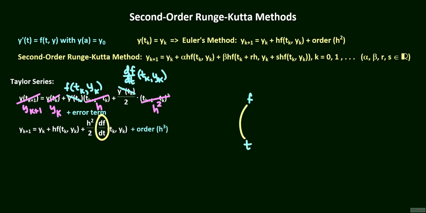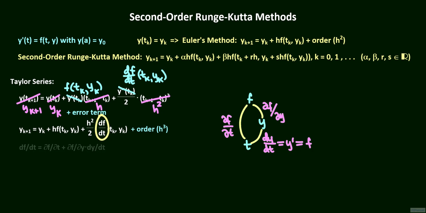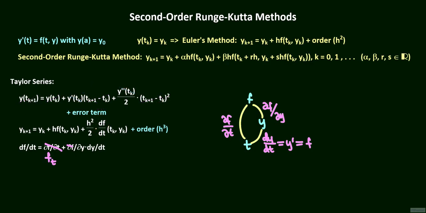The first term in this total derivative is the partial derivative of f with respect to t, followed by the product between the partial derivative of f with respect to y and the derivative of y with respect to t, or y'(t). y' is f, so that the total derivative of f with respect to t is given by this equation. We denote the partial derivative of f with respect to t as f_t, and the partial derivative of f with respect to y as f_y.